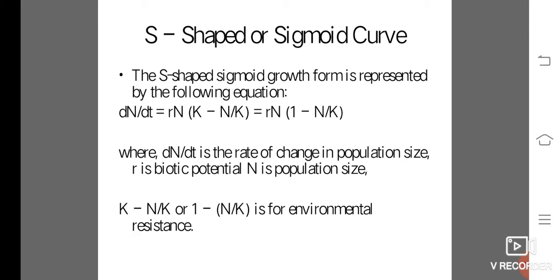(K - N)/K, or 1 - N/K, is for environmental resistance.